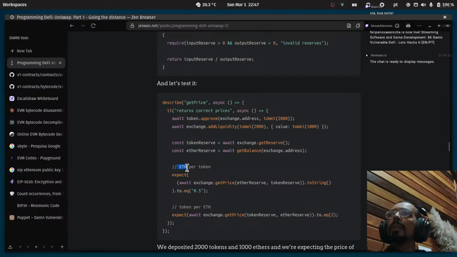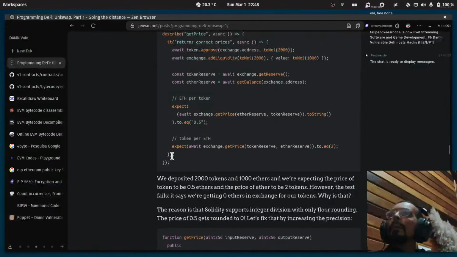You want to know Ethereum, so you put Ethereum divided by the token. And if you give the reserves reversed, you're going to get 2. Right. We deposit 2000 tokens, etc. The price of tokens in Ether should be half, and the price of Ether in tokens should be 2.